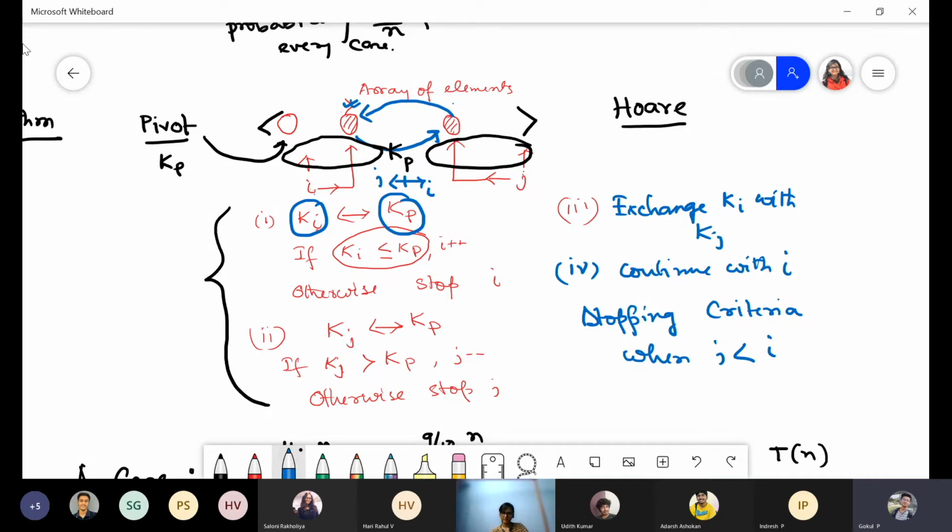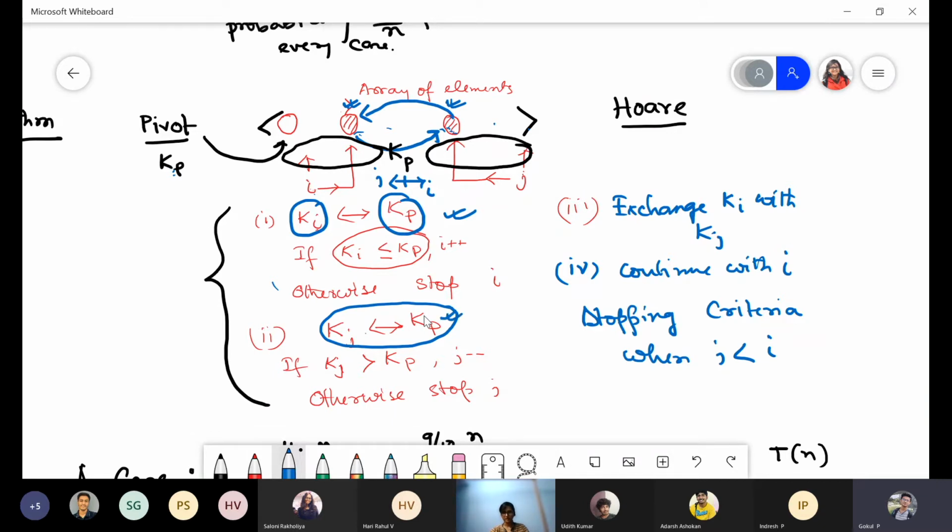Here again we take another element and compare with KP. So again under J, whatever element is there, we are comparing with KP. Suppose we come to some element which is not satisfying the condition, then we get one element here and another element here. There is no comparison between these two elements. We have just decided from this comparison: here is one comparison and here is another comparison, and in every case, this comparison is only with KP.